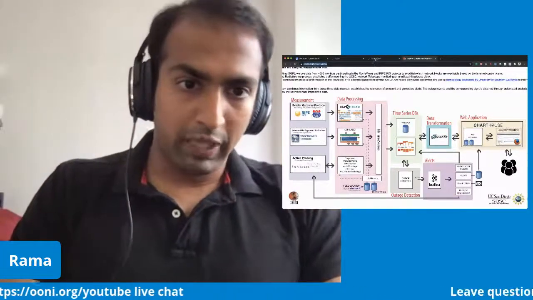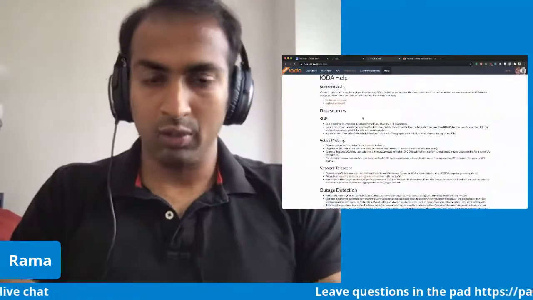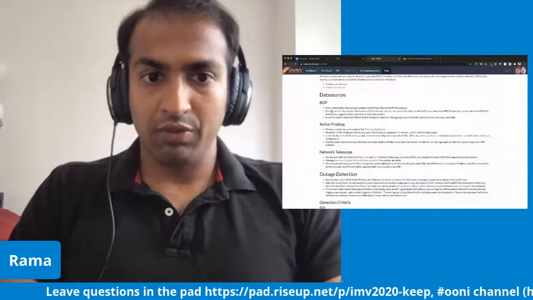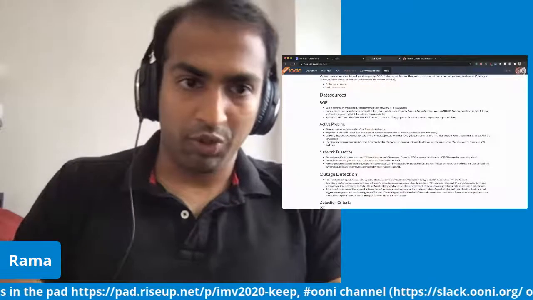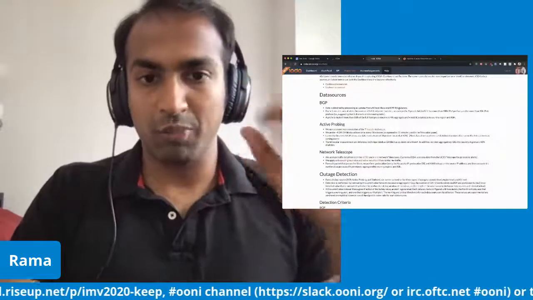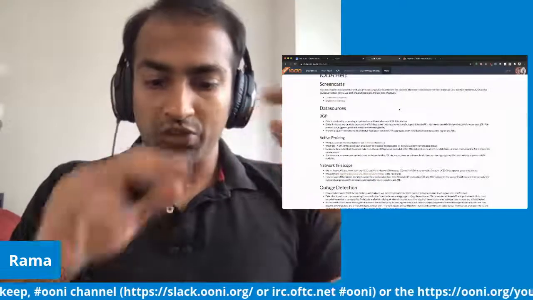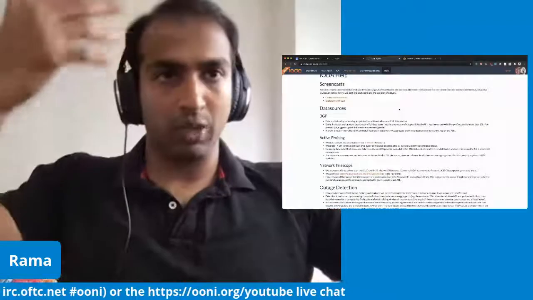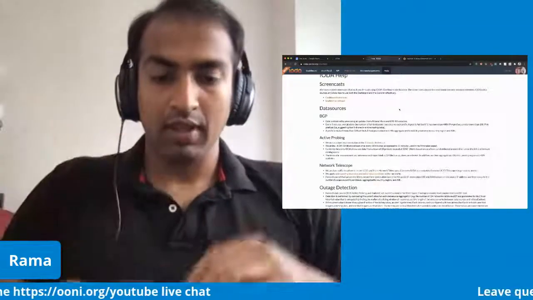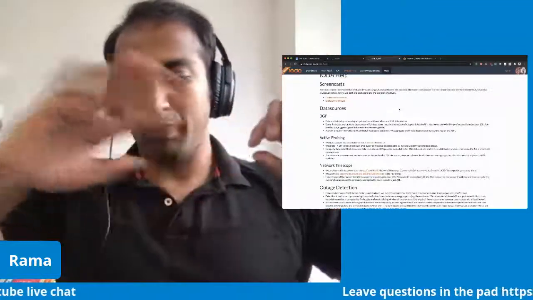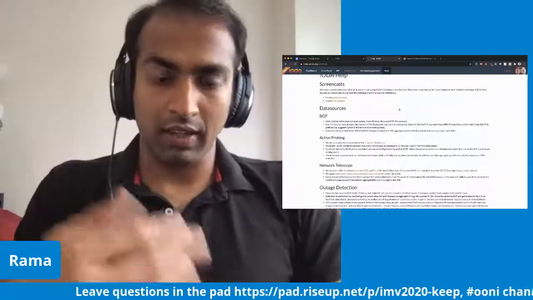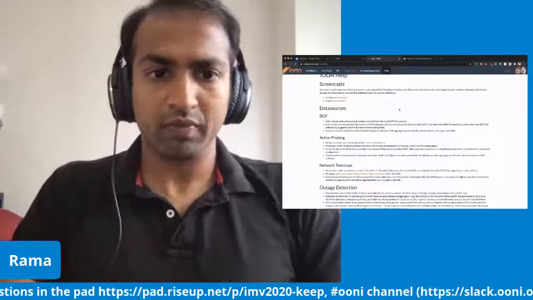In fact, the help page has a lot more information about these particular sources. We obtain data from RouteViews and RIPE RIS. These are two different BGP collection projects, which collect BGP table data and BGP updates from BGP-speaking routers that participate with these collector programs.